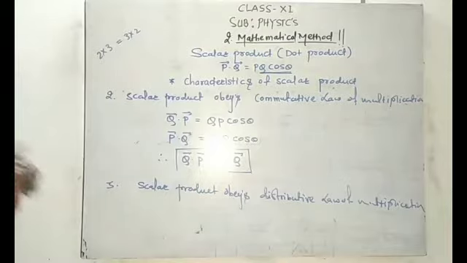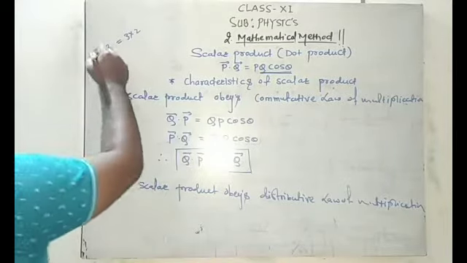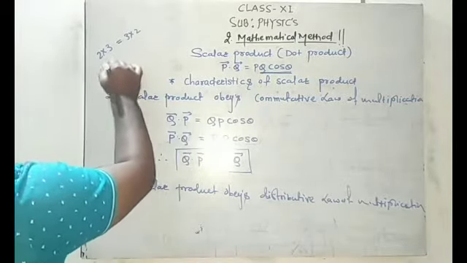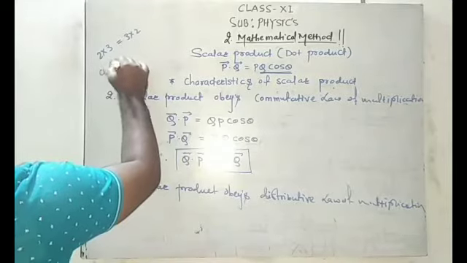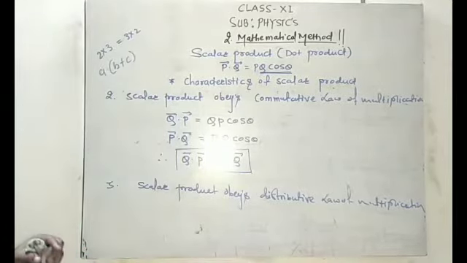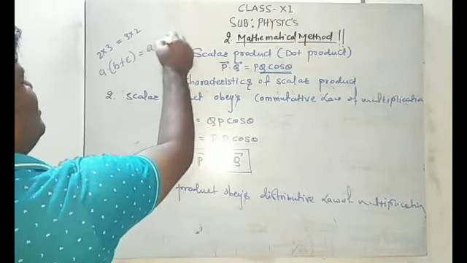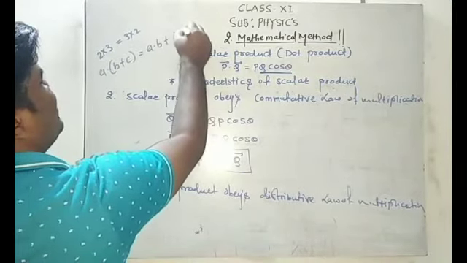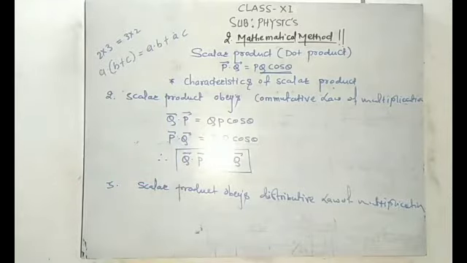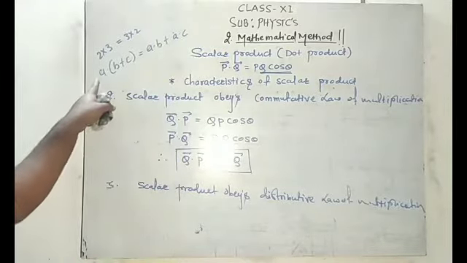And what is the distributive law? If we multiply a into b plus c, a multiplied by b plus c, then what is the result? a dot b plus a dot c, right?